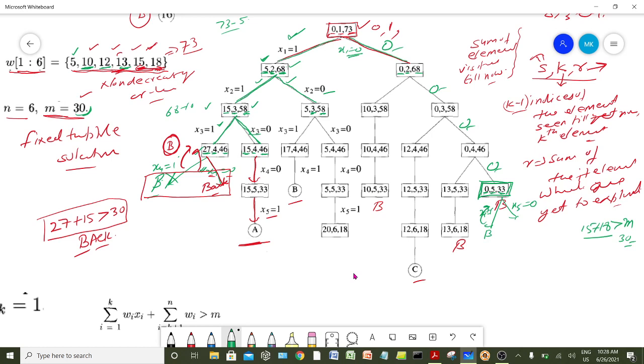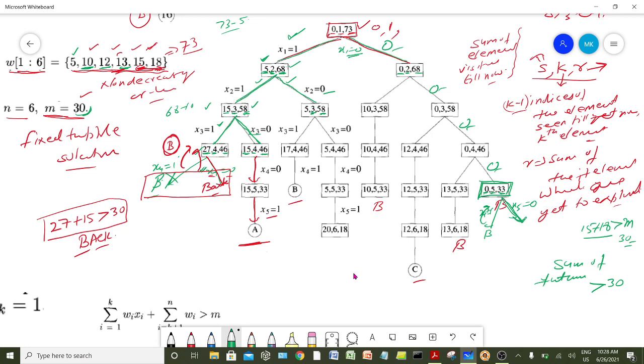Fine. Now in the second case, when x5 is equal to 0, we are going to consider that if the sum of the future elements to be seen is greater than m, or greater than 30, only then we are going to explore this branch.